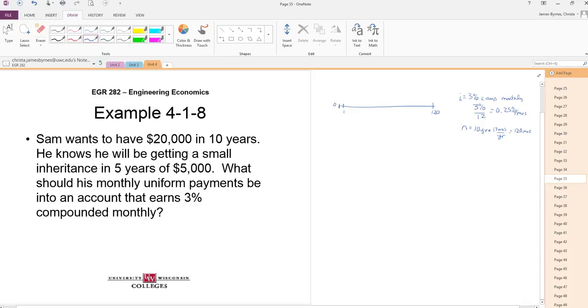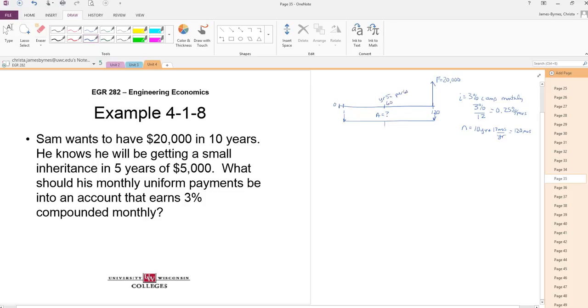He needs, at the end of all of this, $20,000. He doesn't know how much he's got to put into his little account here. But he does know that at year 5, which equals period 60, right? 5 times 12 is 60.